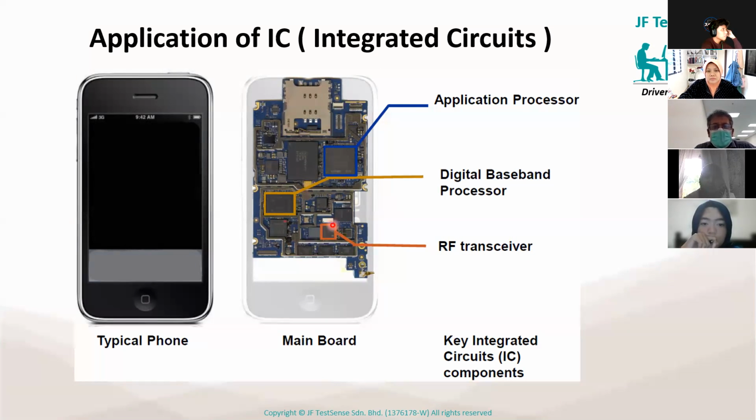Your RF signal comes in to this component, probably the amplifiers within it, for transmission as well as reception. So you have different ICs for different purposes, and different companies have different expertise to provide the various functions required inside such an application.